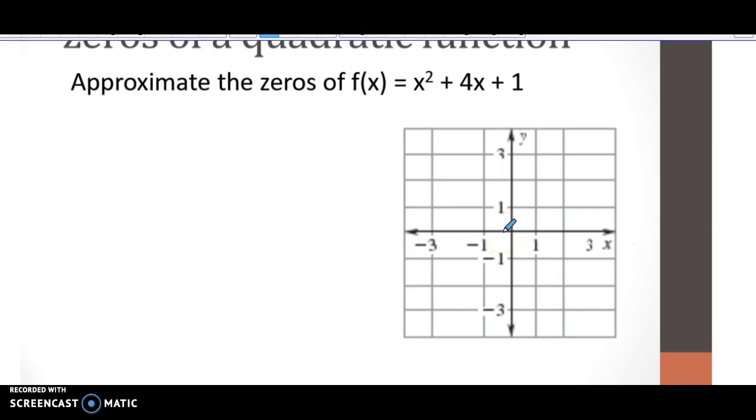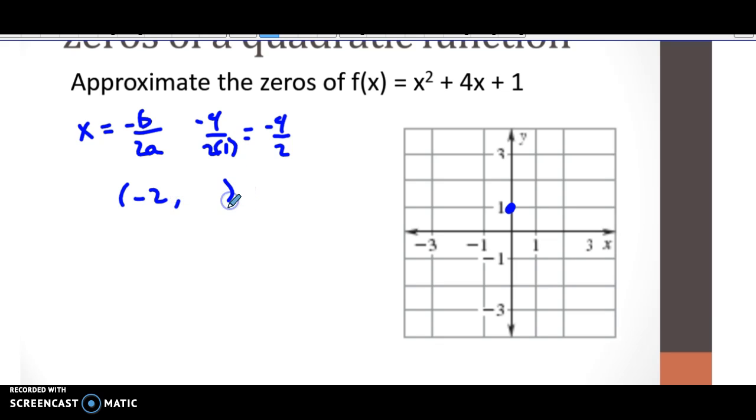So I'm still going to start by plotting my y-intercept if I can, which in this case is going to be a +1. I'm going to find my vertex by doing -b over 2a. So -b would be a -4 over 2 times 1, which is -4 over 2, which gives me a -2 for my x-coordinate.